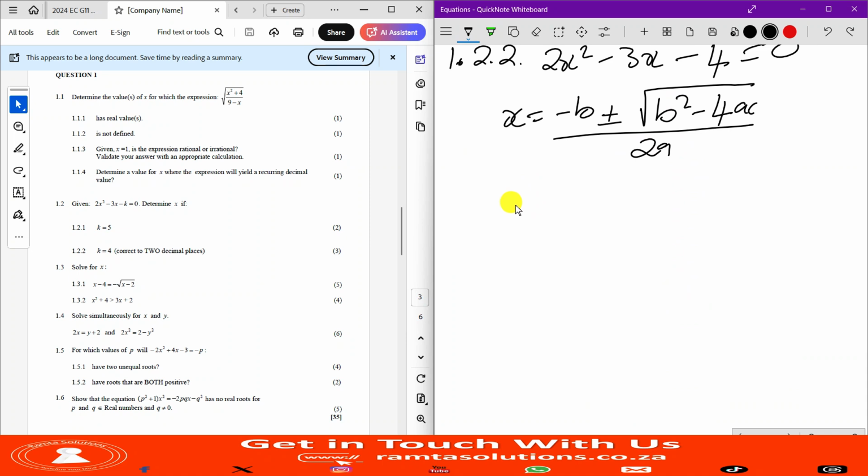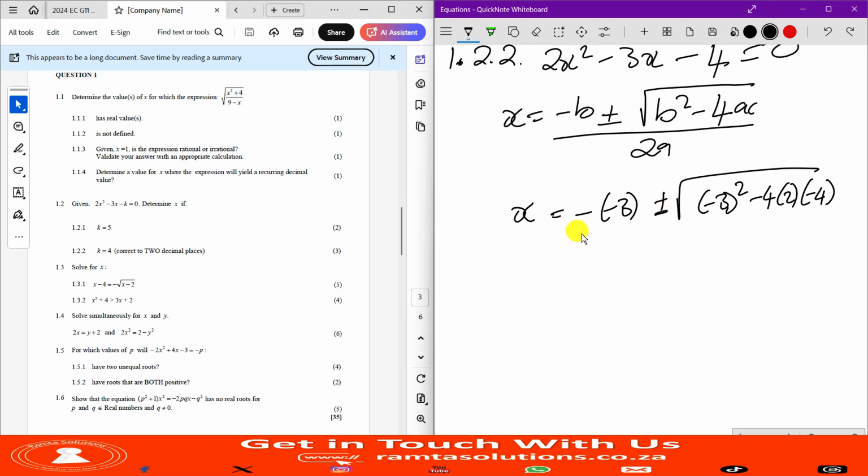Okay, so here x equals negative b. What is the value of b? Negative 3. We said the value of b is negative 3. What is the value of a? It is 2. The value of c is negative 4. Right? Negative 4 all over 2 times 2. Now, let's go.